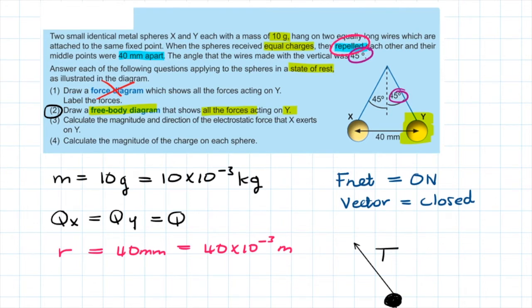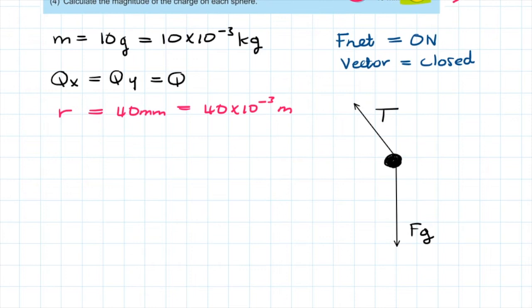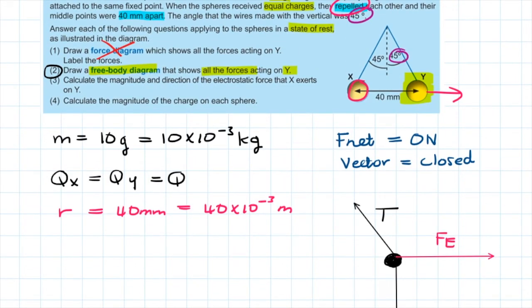That means that X is going to push Y away. And therefore, on this free body diagram, we're also going to include an electrostatic force, Fe, towards the right. These are all of the forces that are acting on sphere Y, and this is the answer to question number 2.